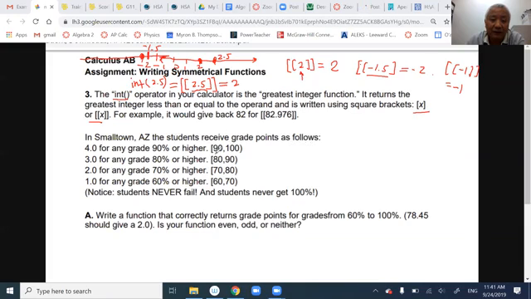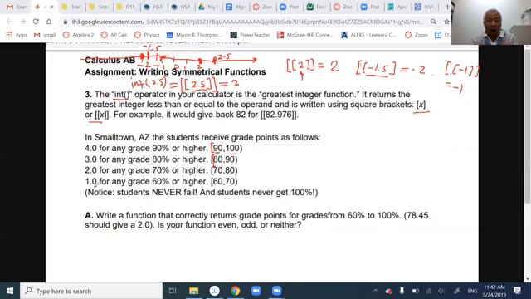If you got 90, including 90, this bracket means including 90, but less than 100, your grade will be 4.0. If your grade is 80% or higher, but less than 90, your grade will be 3, and 2 and 1, like that, right?